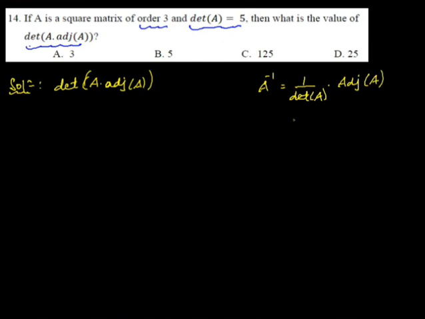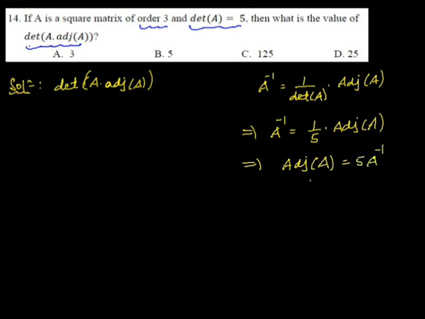Here the determinant of A is already given. So A inverse equals 1 over 5 times the adjoint of A. Multiplying both sides by 5, the adjoint of A can be expressed as 5 times A inverse. So in place of the adjoint of A, we can substitute 5 times A inverse.